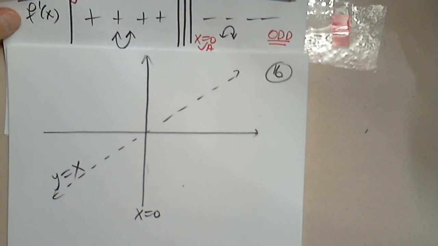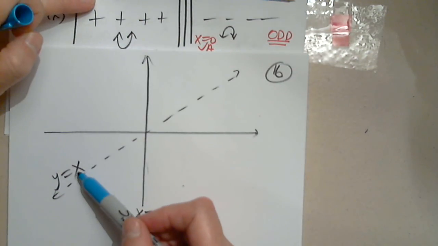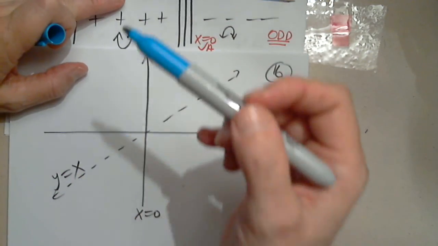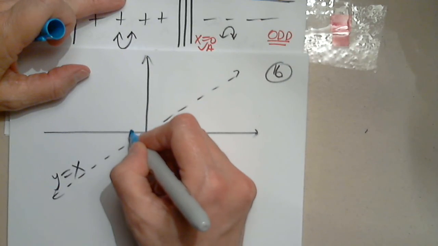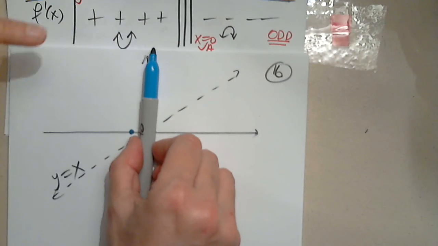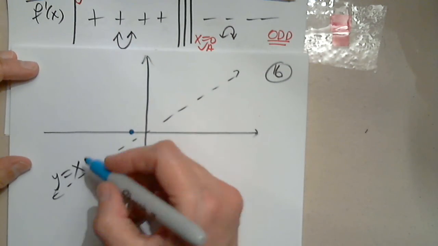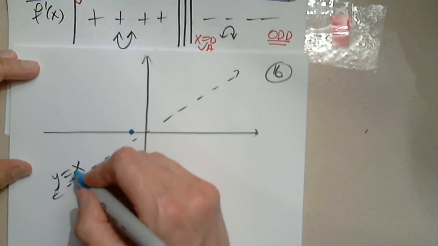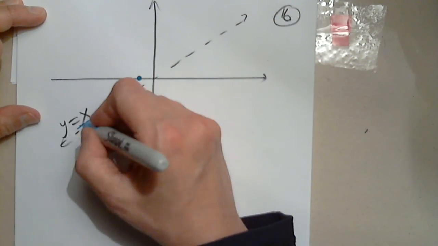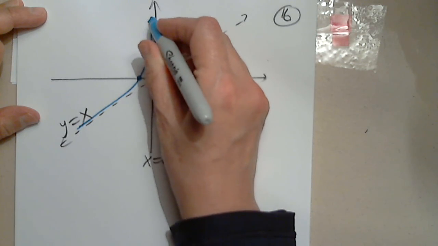Ready? From negative infinity approaching the asymptote, crossing at negative 1, 0, going to positive infinity on the left-hand side of the vertical asymptote. From negative infinity approaching the slant asymptote, crossing, approaching infinity.